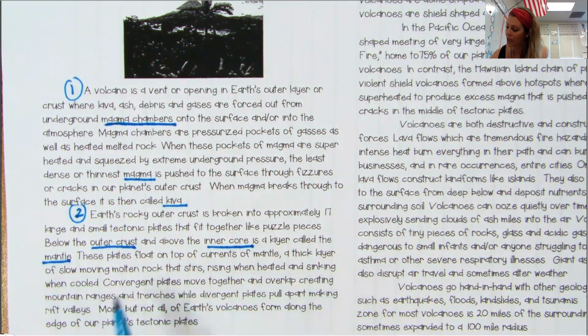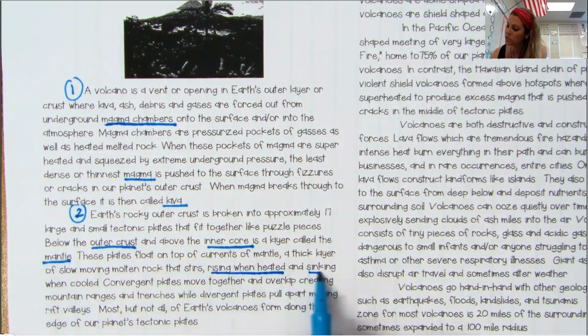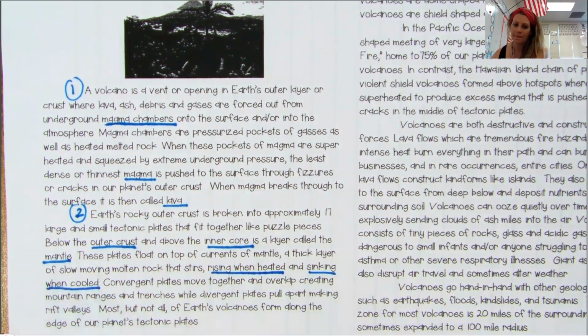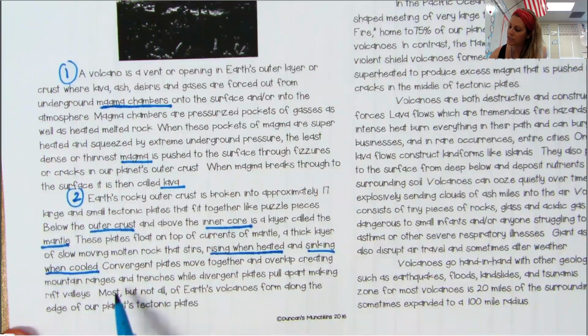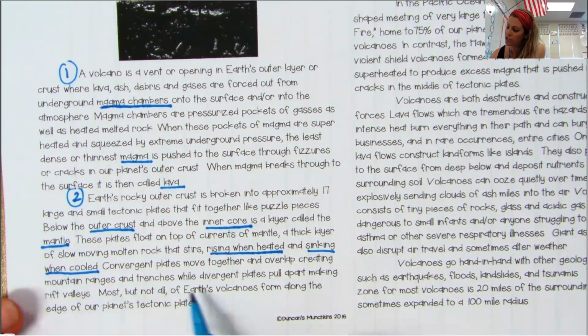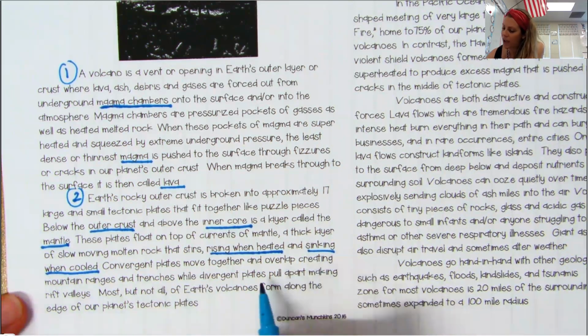All right, let's think about that. So when the molten rock is heated, it rises and sinks when it's cold. Convergent plates move together and overlap, creating mountain ranges and trenches. All right, so let's think about that.